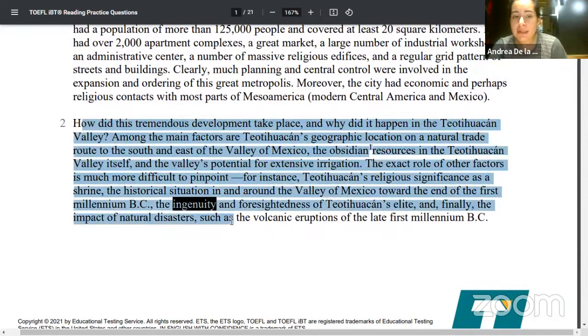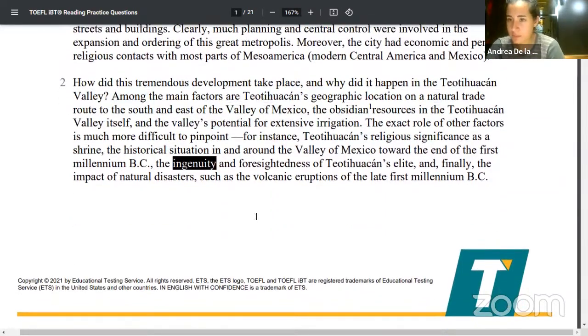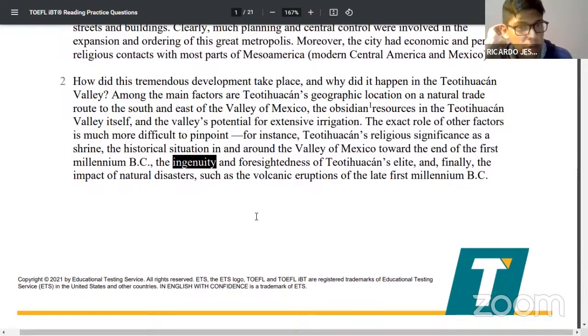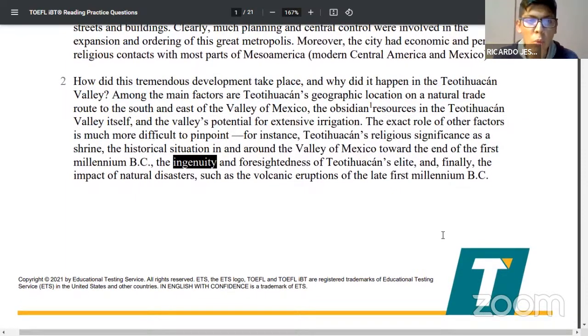What about the second paragraph? What is it about? It's about why it used to be important, that place in that age, that era, and what kind of natural disasters used to happen there.